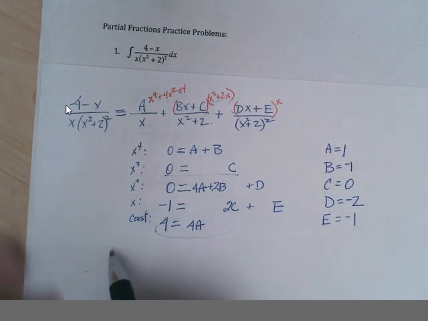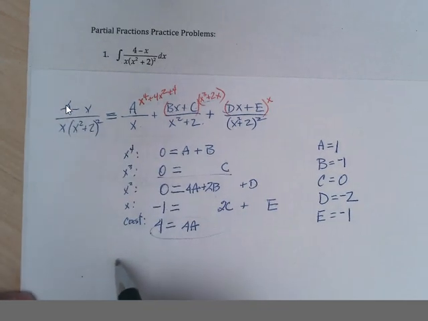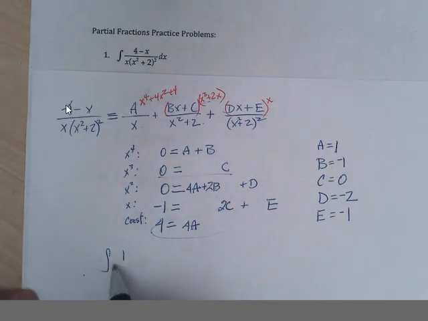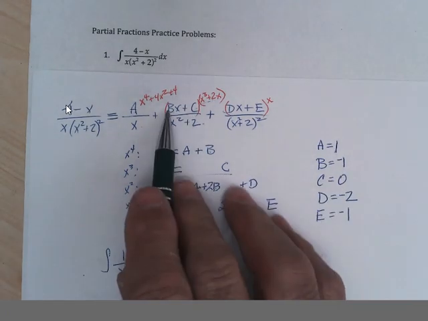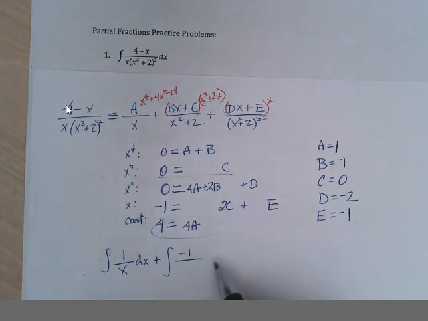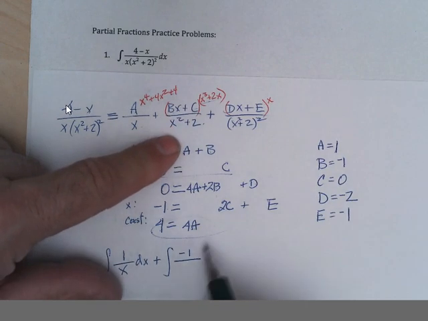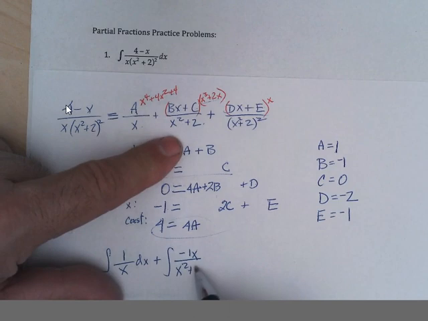So my integral changes to the integral of A, which is 1, over x, plus this one, B is minus 1, and C is 0, so I just got minus x over x squared plus 2.